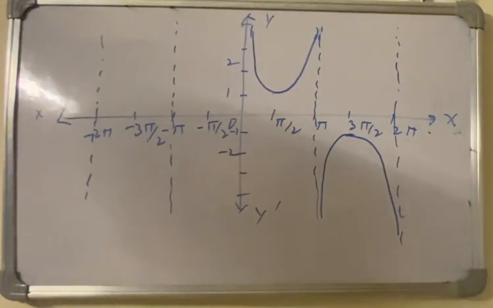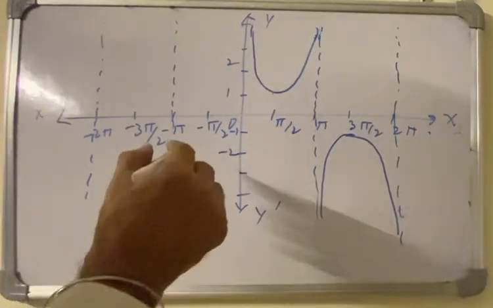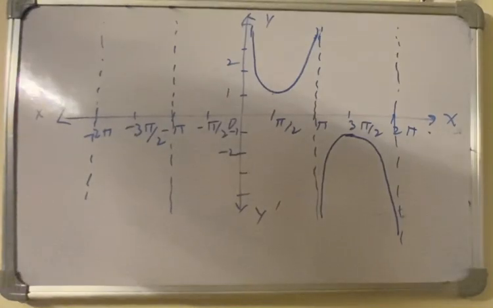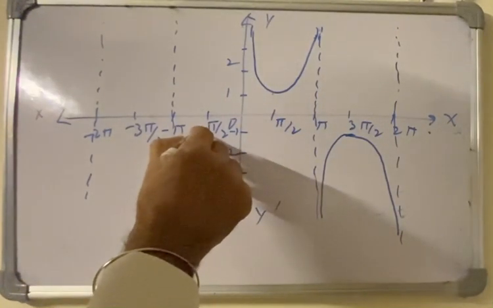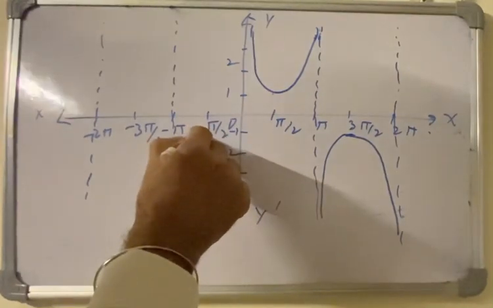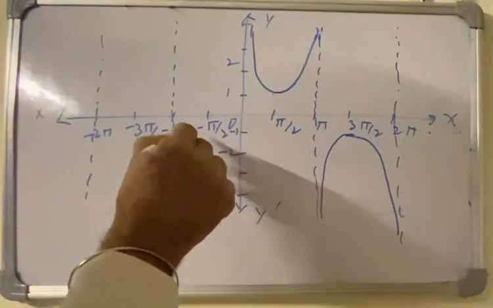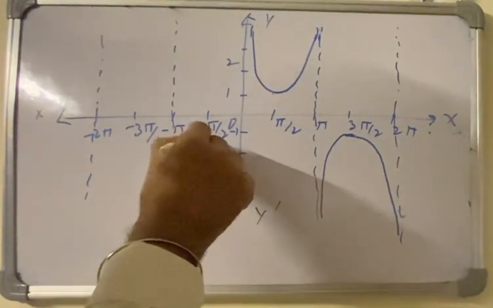Similarly, on the side of minus pi by 2, it is minus 1. So here is minus 1 again here. And it goes in this way.